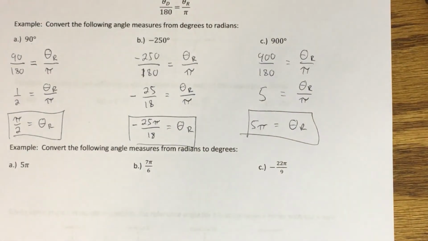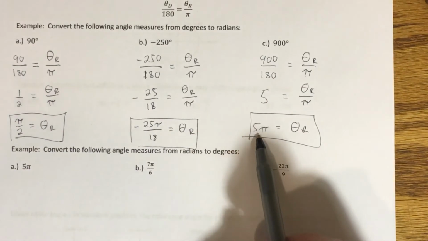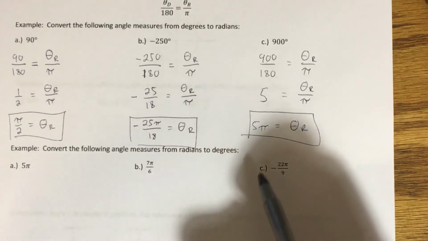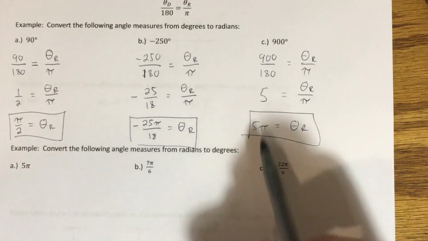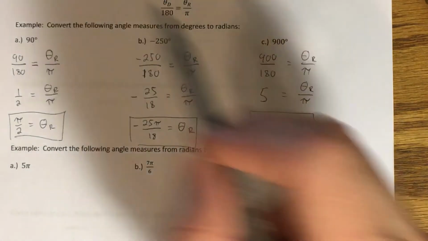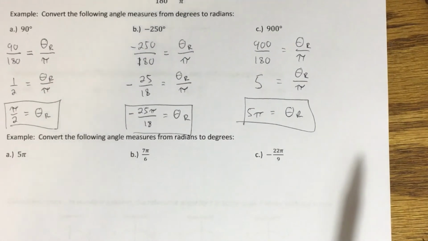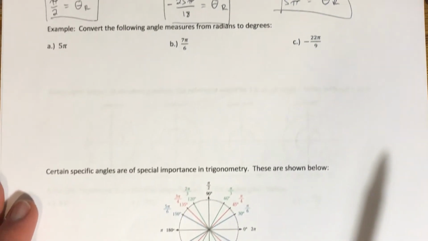Now that one we can actually visualize fairly easily because, again, remember 2 pi is one full revolution, one full rotation around that circle. That means 4 pi, if you double 2 pi, would be 2 full rotations. So I can think of 5 pi as 4 pi plus another pi. And what that would represent is 2 full rotations plus another half rotation. So not hard to visualize that when we get multiples of pi like that.